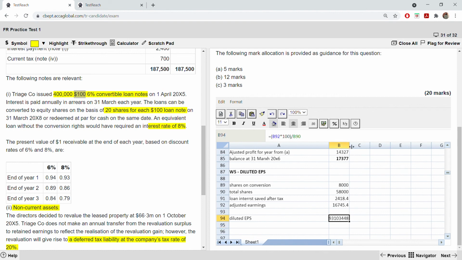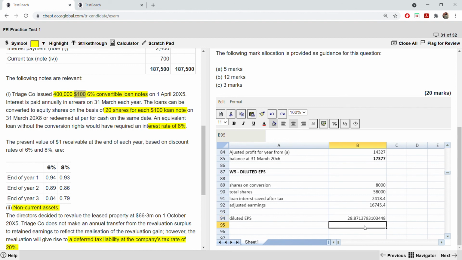Drag it to see the whole number. You see 28 point something. Now I'm going to round this figure because you have to always take it to the whole number: 29. 29 what? Cents. EPS is always in cents. Okay, 29 cents.